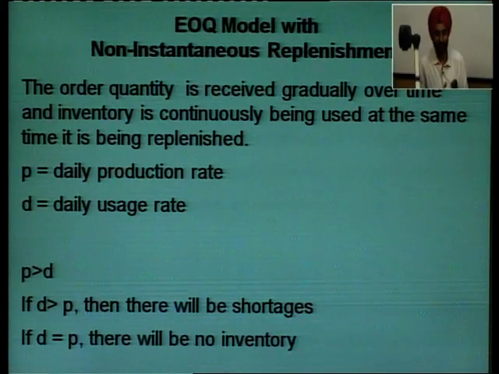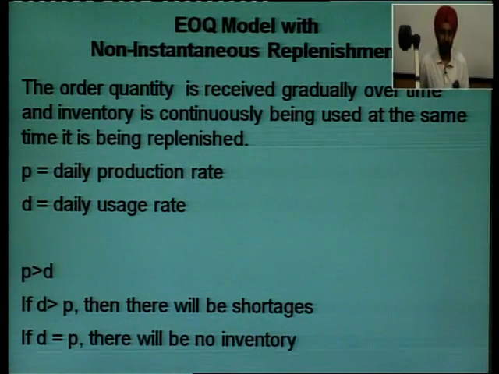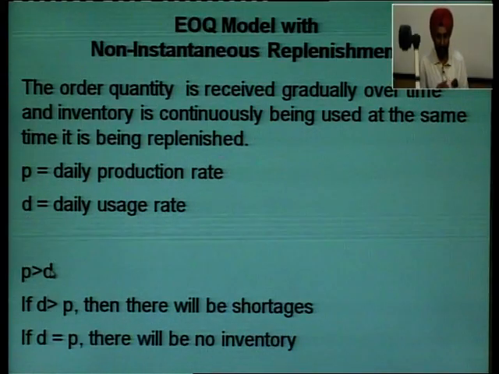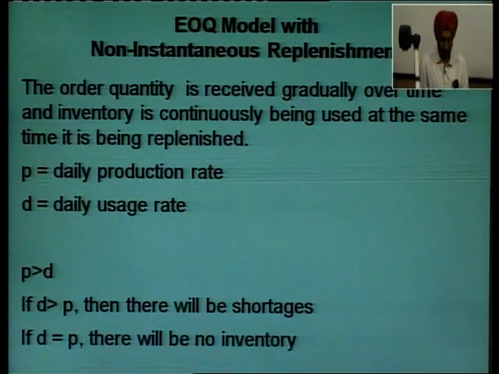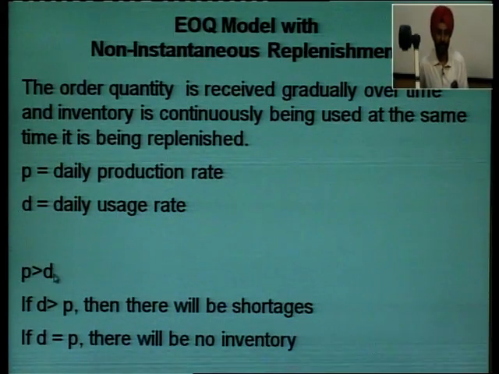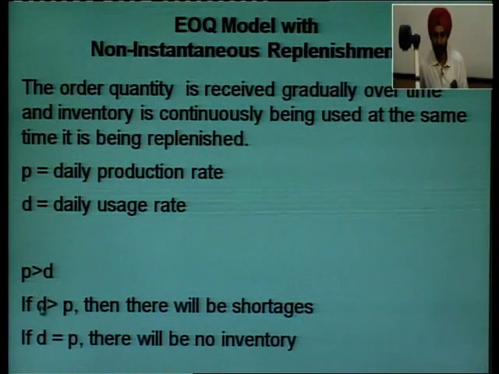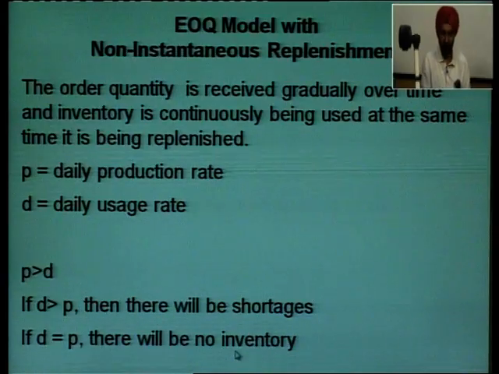Then what is the issue of inventory control here? और जे D, P ਤੋਂ ਜ਼ਿਆਦਾ, मान लो प्रोडक्शन सप्लाई हो रही है रोज ਦੀ 20 यूनिट, कंजम्पशन है रोज ਦੀ 30 यूनिट, फिर तो शॉर्टेजेस हो गई है। ओके, सो इस करके ਜਿਹੜਾ ਇਹ मॉडल है इस ਦੇ ਵਿੱਚ ਅਸੀਂ ਇਹ अंडरलाइंग assumption है that P is the daily production rate and D is the daily usage rate and P is greater than D. Okay, so if D is greater than P, in that case there will be shortages, and if D is equal to P there will be no inventory.